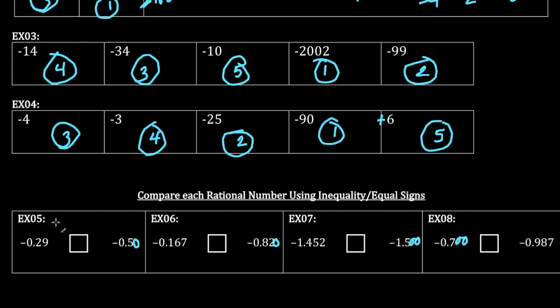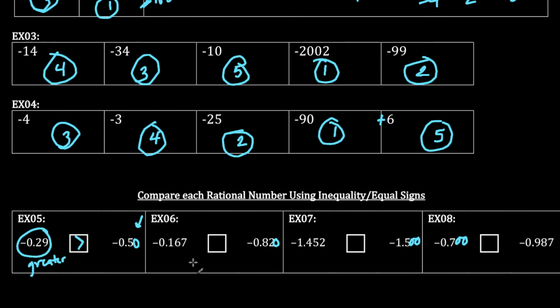The bigger negative is -50 hundredths. That's the bigger negative. The bigger negatives are actually less. That means this one is greater, the -29 hundredths. This one's actually greater, so the mouth needs to face that way.